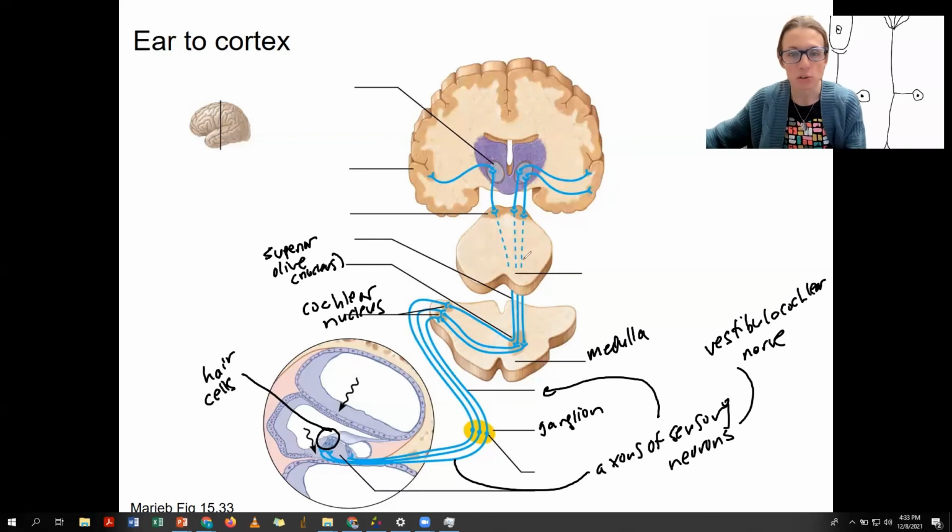The information is going to travel ascending through the midbrain. That's what this structure is here. Towards the cerebrum. There's going to be a synapse in the inferior colliculus. You know about your colliculi, baby butt on a toilet seat.